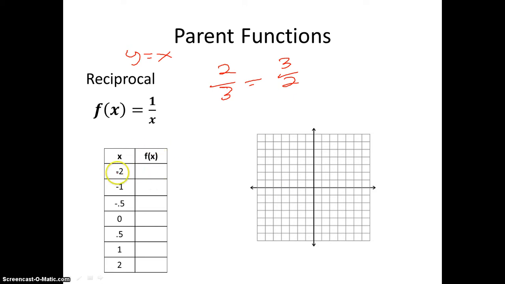If I put in negative 2, I get 1 over negative 2, so negative 1/2. At negative 1, I get 1 over negative 1, which is negative 1. And at negative 1/2, I get 1 over negative 1/2, which is negative 2.